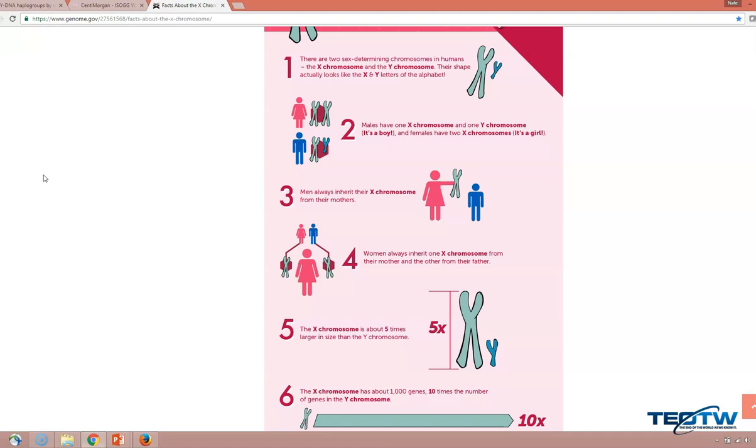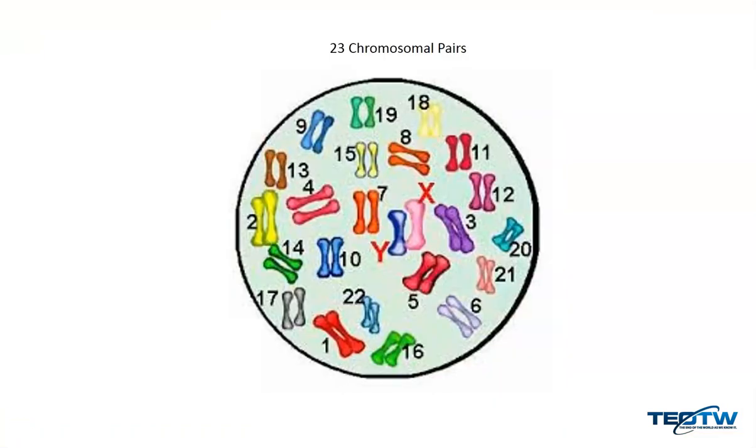You have an X and Y pair. So if you look at this, you have a total of 23 chromosomal pairs, right? X and Y are your sex chromosome pair, right? That determine the sex of the human or of the mammal, let's say, because animals have similar chromosome makeup.